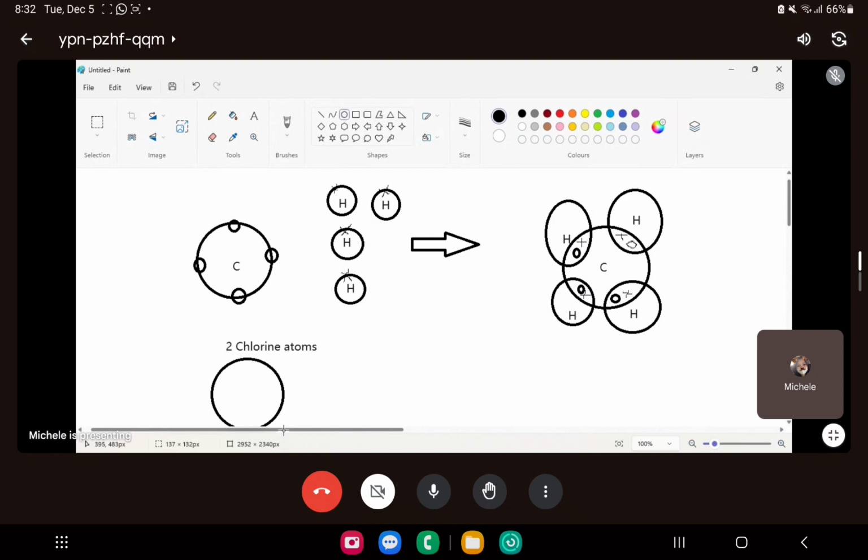So 54.53 over 12. I don't bring my calculator. Use phone. So dividing, it's 4.54.